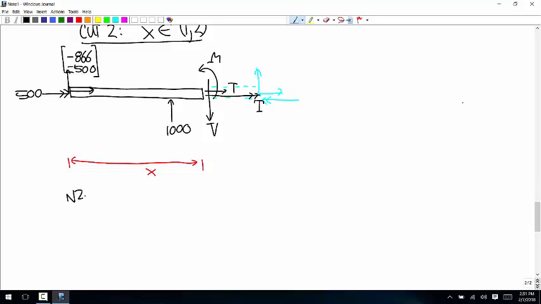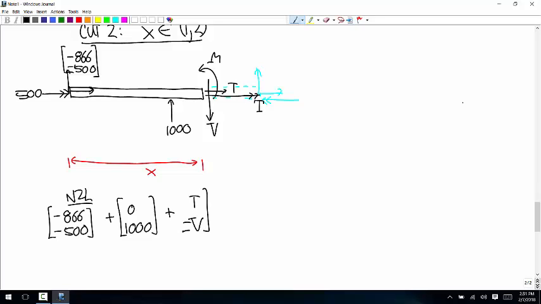Okay, so Newton's second law says negative 866, negative 500, plus 0, 1,000, plus T, negative V is equal to 0. So T is equal to positive 866. V is equal to positive 500.